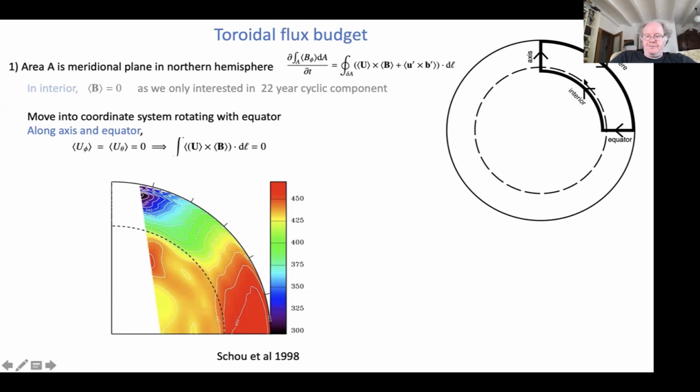So in this system, we have 0 from the large-scale field and flow here, 0 here, and 0 here. We're left with only small-scale contributions along the equator, small-scale contributions along the axis, and large- and small-scale contributions along the photosphere.